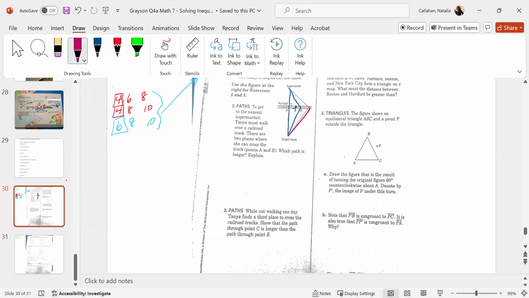From Tanya's home to C, you could say like this: path Tanya's home to point C is greater than from Tanya's home to point B.